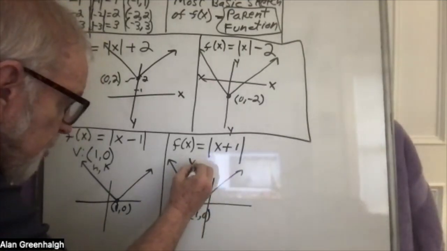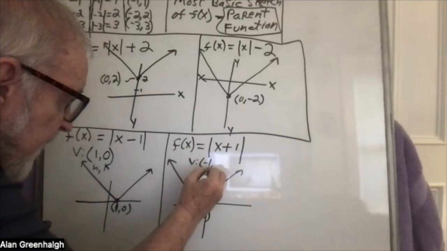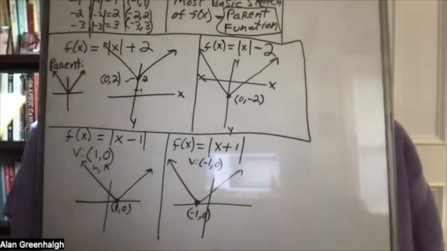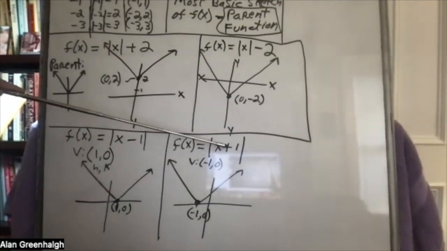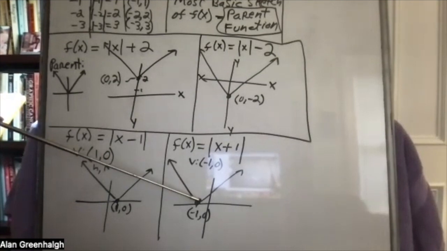The vertex will be at -1, 0. So, to sum up then, when this is a negative, it moves the parent function in the positive direction. When this is a positive, it moves the parent function in a negative direction.